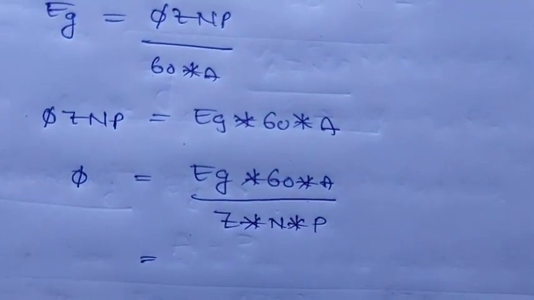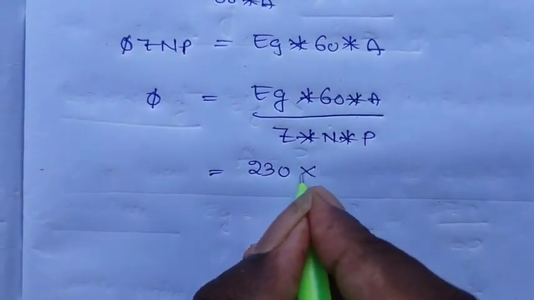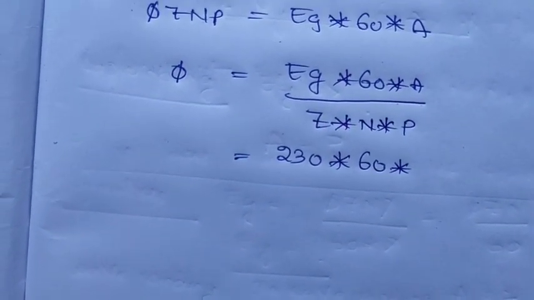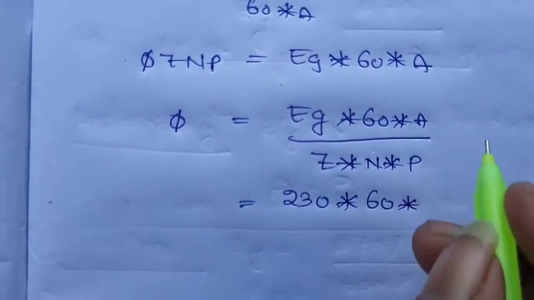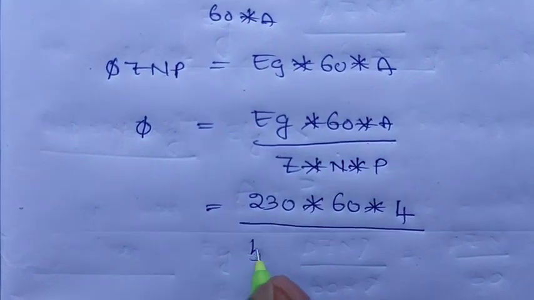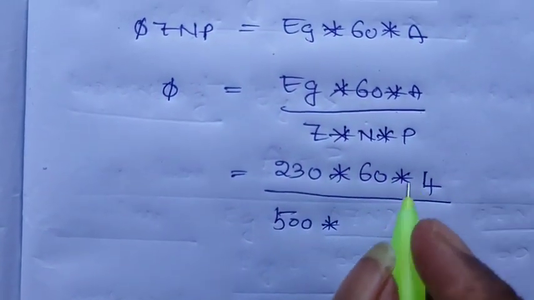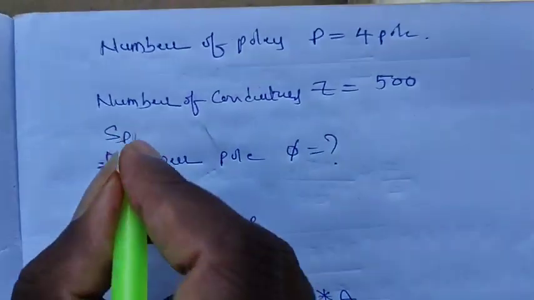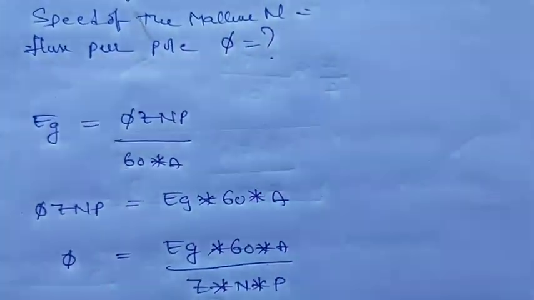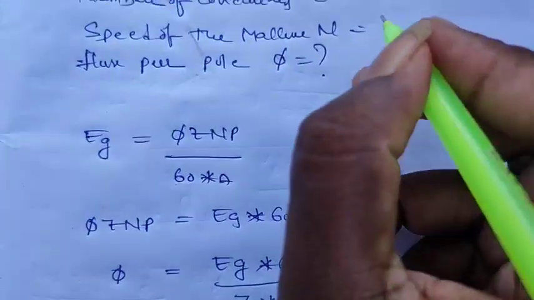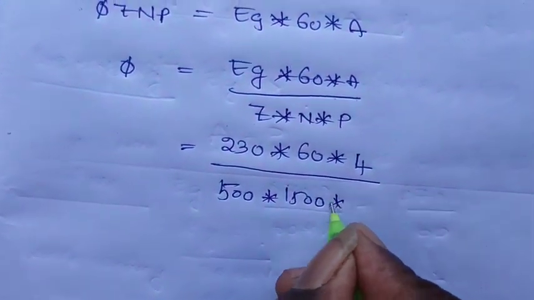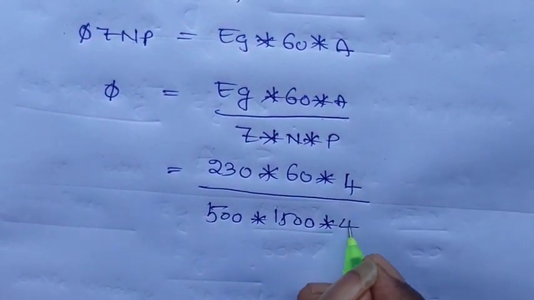What is the value of Eg? Eg equals 230, into 60 into A. The type of winding is lap, and in lap, A equals P, that is 4, divided by Z, which is 500. The speed of the machine, N, is 1500 rpm, into the number of poles, which is 4.